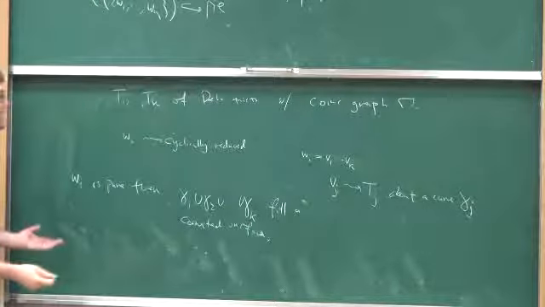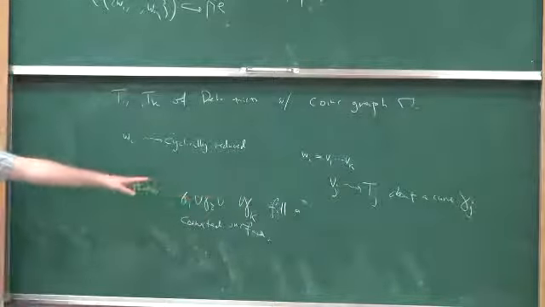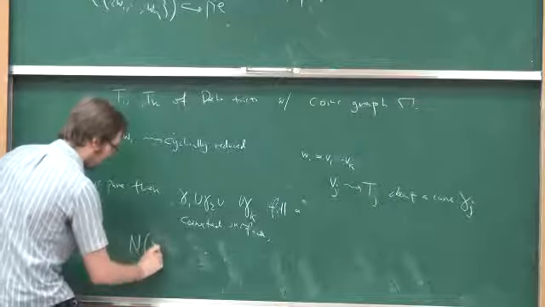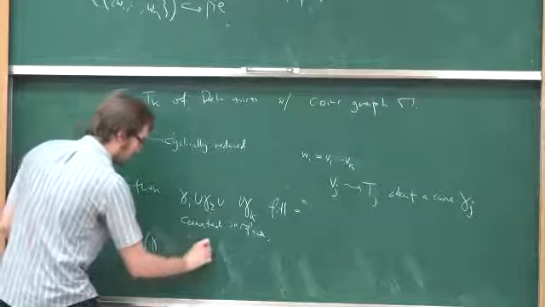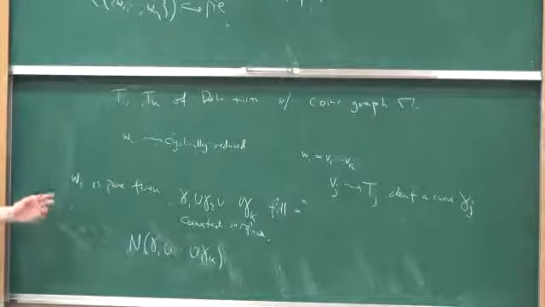So recall what that means. I draw these curves on my surface and I take a tubular neighborhood of them, so a neighborhood of gamma 1 all the way to gamma k, and then I cap off any contractible disks that I might get, so I fill those in.